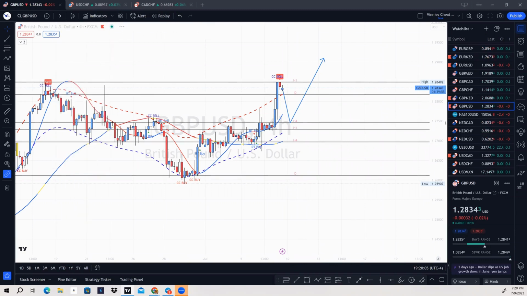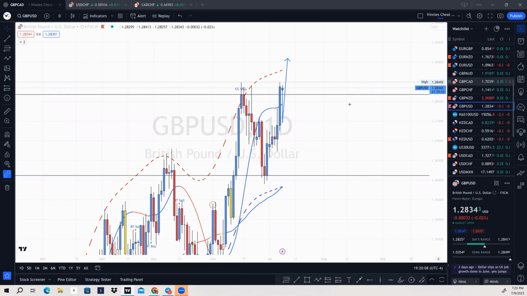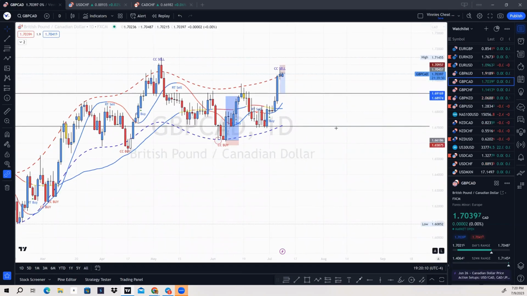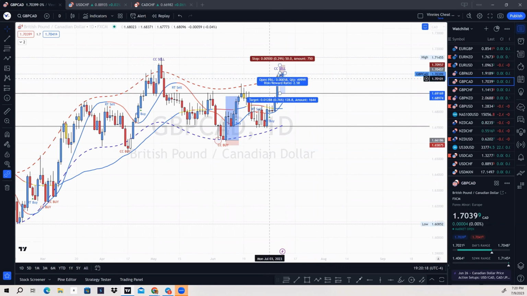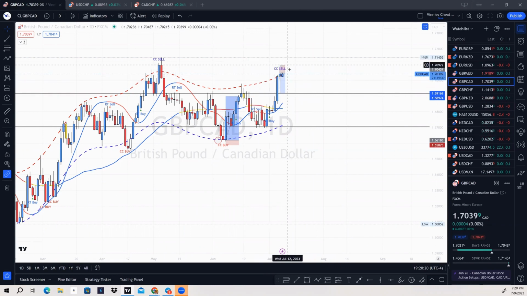Let's go to the daily time frame again. On GBP CAD, we have a cheat code sell signal on the daily time frame. Okay, we did place a trade here on Friday, hit our TP. Again, same analysis, still looking for GBP CAD to continue down.